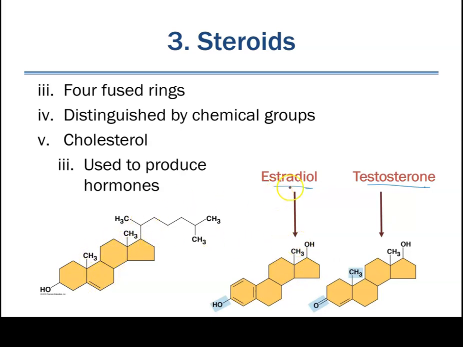So in order to make estradiol and testosterone, these functional groups are modified for their specific function in the body, which, estradiol and testosterone are, of course, our sex hormones that help our bodies to produce male or female development and characteristics.